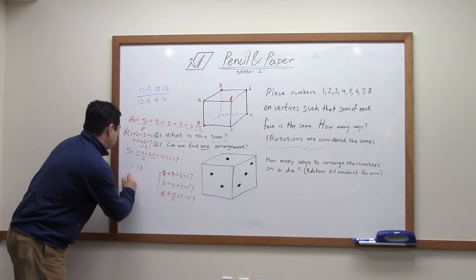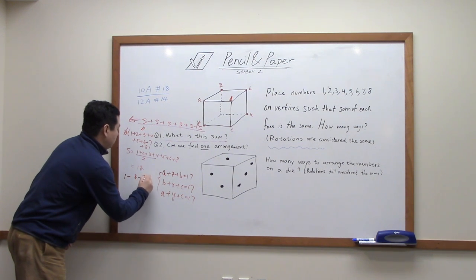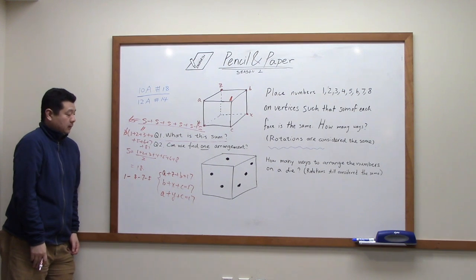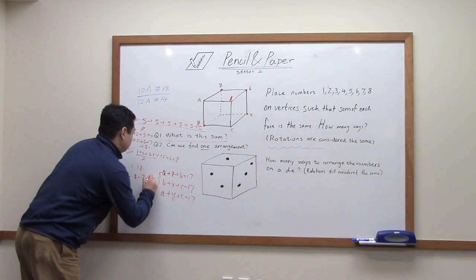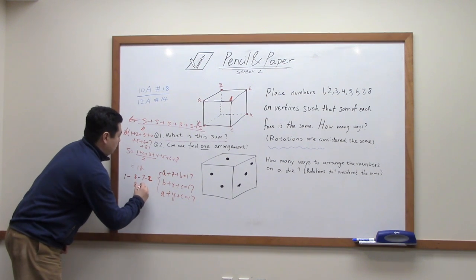So I could have 1 go with 8, 7, and 5. That's one of them, right? Because I cannot use 8, 6, 6. 8, 7, 2. Sorry, 8, 7, 2. That works. And then 8, 6, 3.